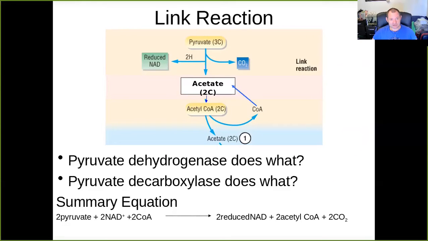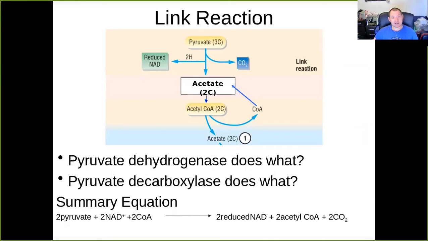So the pyruvate breaks down, and as it breaks down, you reduce some more NAD, meaning you produce some more NADH, some more reduced NAD. You do that by dehydrogenating the pyruvate. There's a dehydrogenase enzyme which basically takes hydrogen off pyruvate, changing its form, and puts the hydrogen onto NAD, thus reducing the NAD.